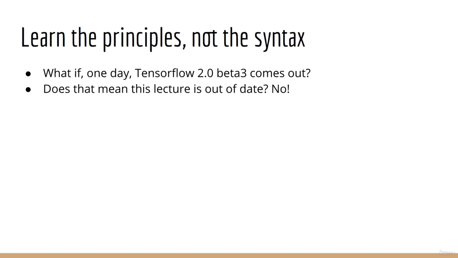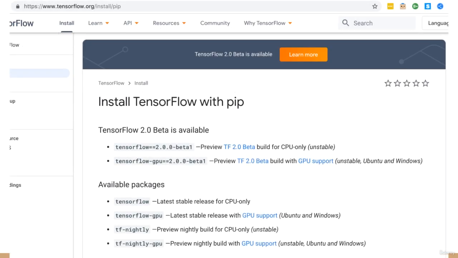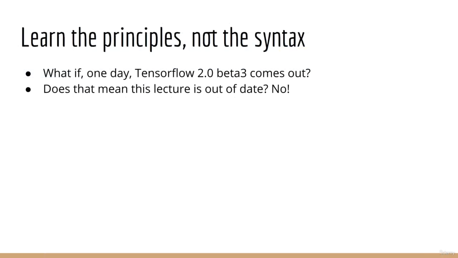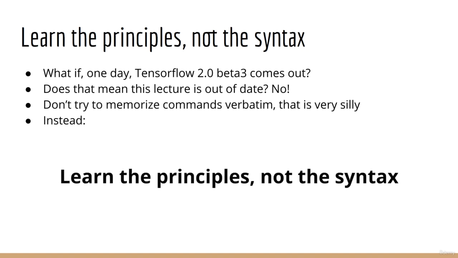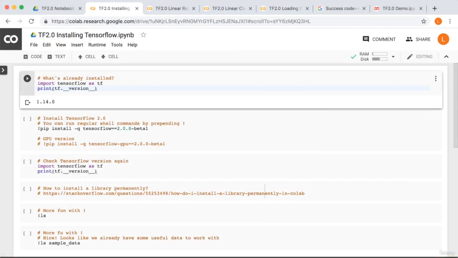Of course, today, the latest version is beta 1. Tomorrow, that might be beta 2 or beta 3 or beta 500, who knows? The principle is to look at TensorFlow's website to check what the current command is. That's the principle. Don't try to memorize the install command verbatim, which would be very silly. Okay, so be smart, don't be silly, learn the principles, and don't memorize the syntax.